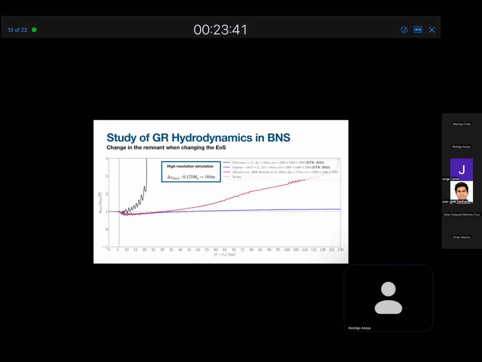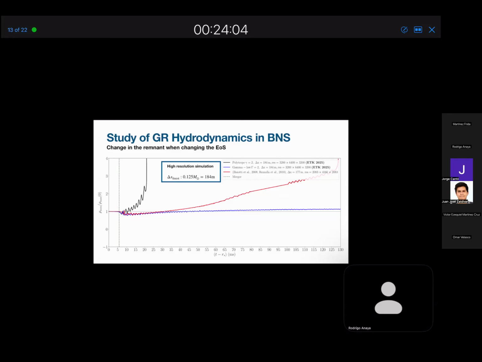If we rather choose a gamma law equation of state that affects the region near the crust of the neutron star, we can see that the evolution of these binary neutron stars can last for long periods of time, bigger than 100 milliseconds.